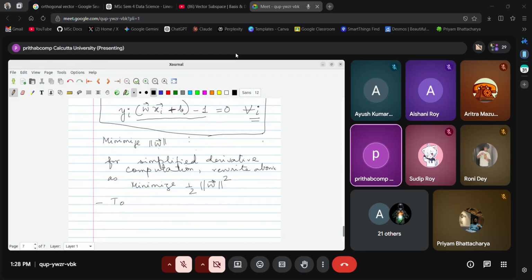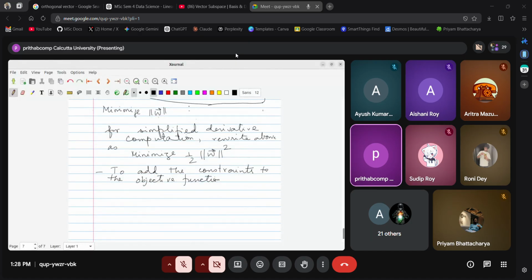And to add the constraints, we'll see how this form becomes useful. We write it so that when you find derivatives, then your constant just gets cancelled out. We'll see how it is helpful. To add the constraints to the objective function, use again this Lagrangian multiplier.